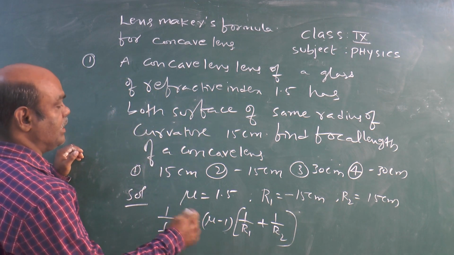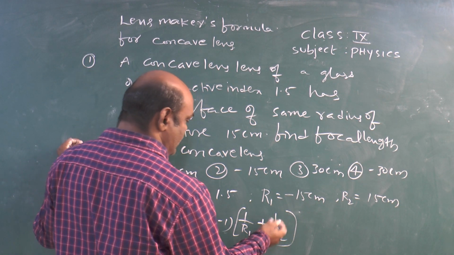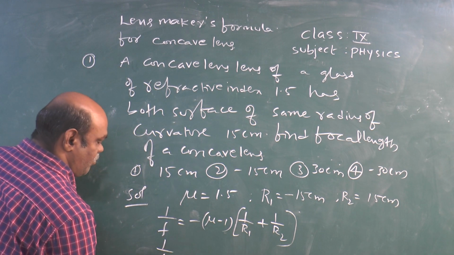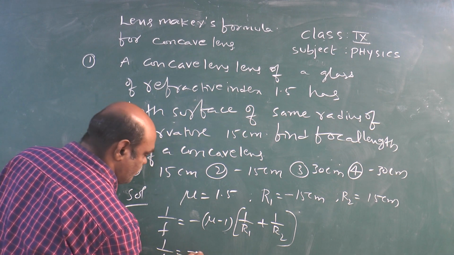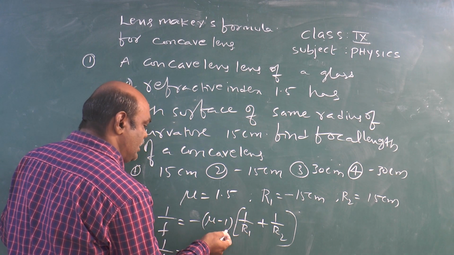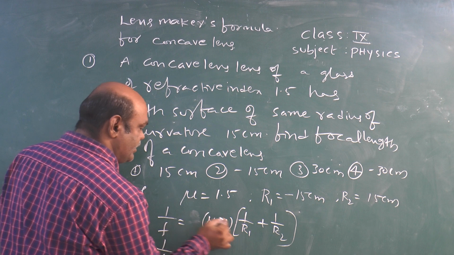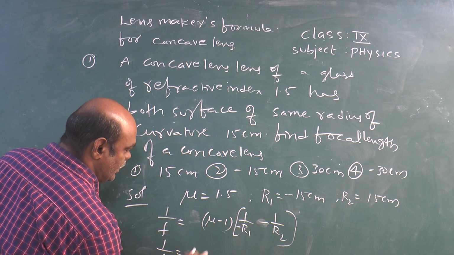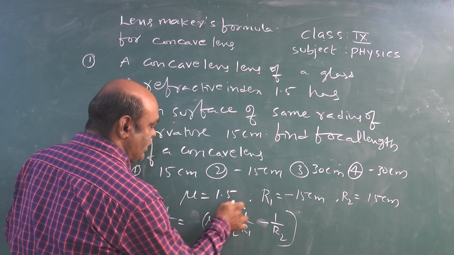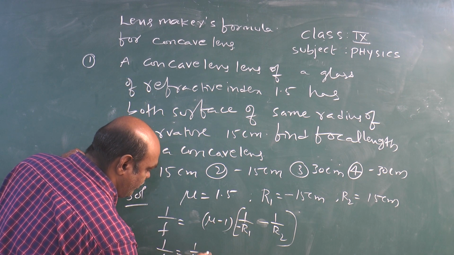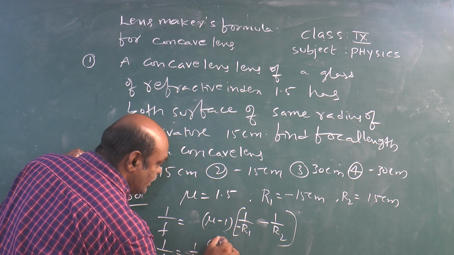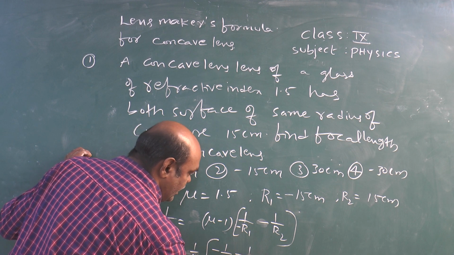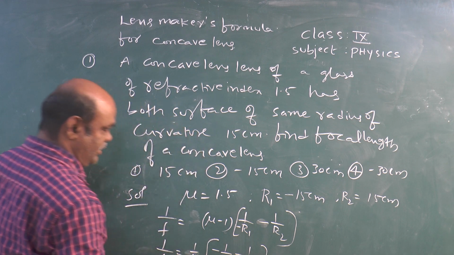So after taking sign conventions, this is the formula, 1 by f equal to minus. Otherwise we can take minus here and minus here. Mu minus 1 is 1.5 minus 1, 0.5, which means 1 by 2. So 1 by 15 minus 1 by 15.